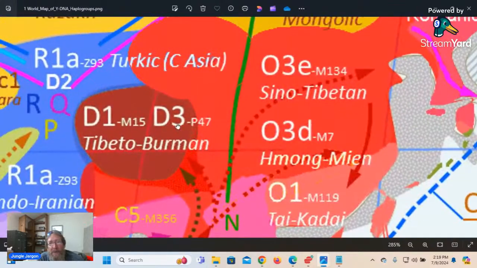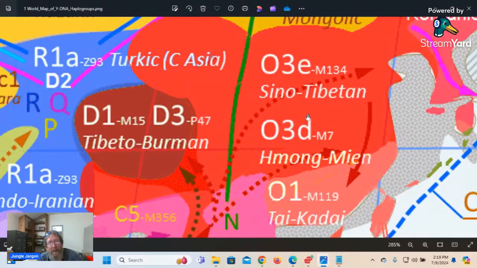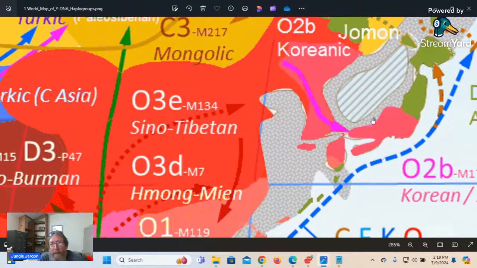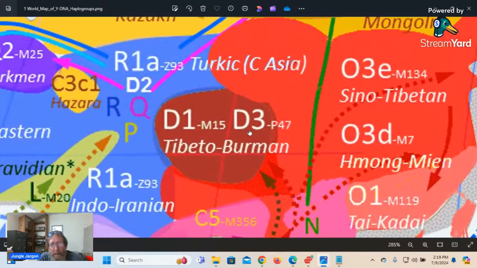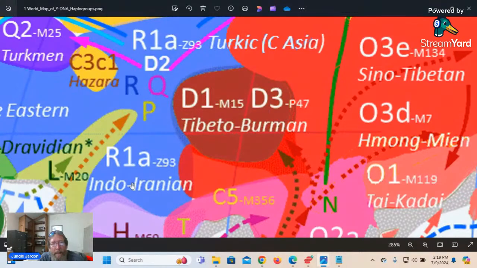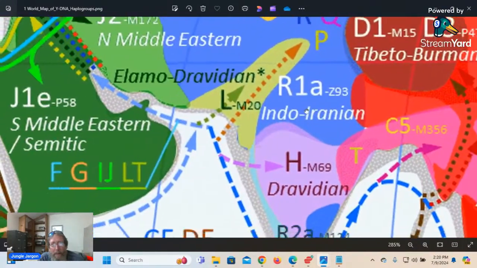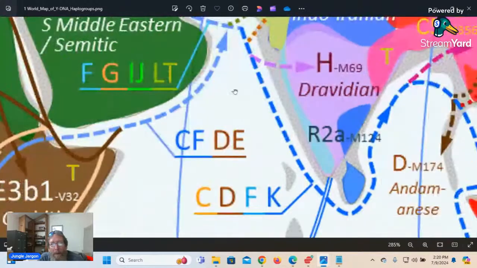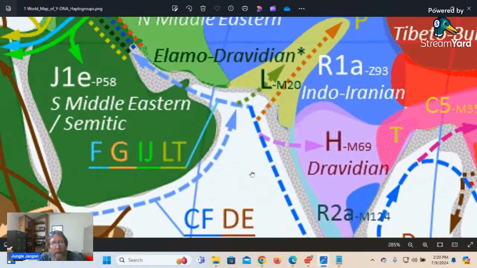So they first went to China, then, according to their dating methods, they went to Japan, and then they went to Tibet. That was the order of migration of the D haplogroup.